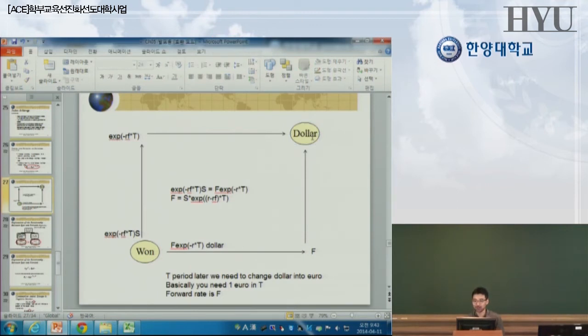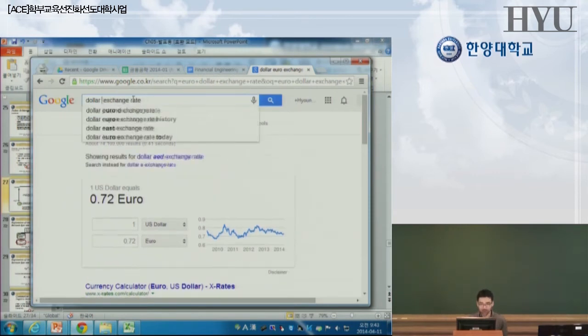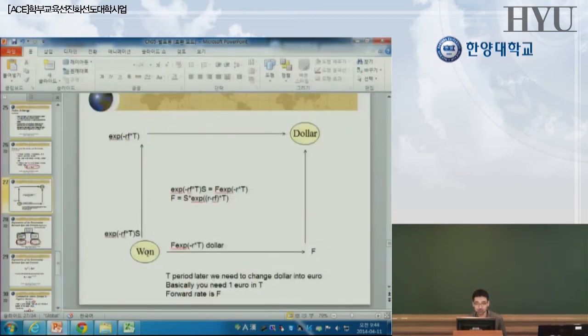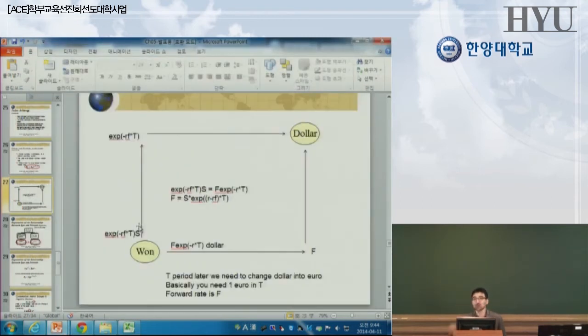Okay, $1 to $2. I think this one is better. So dollar to Korean won exchange rate is this one. In order to have $1, I need this much money, and per dollar I have to invest this. So it should be S, not 1 over S. I'm sorry.